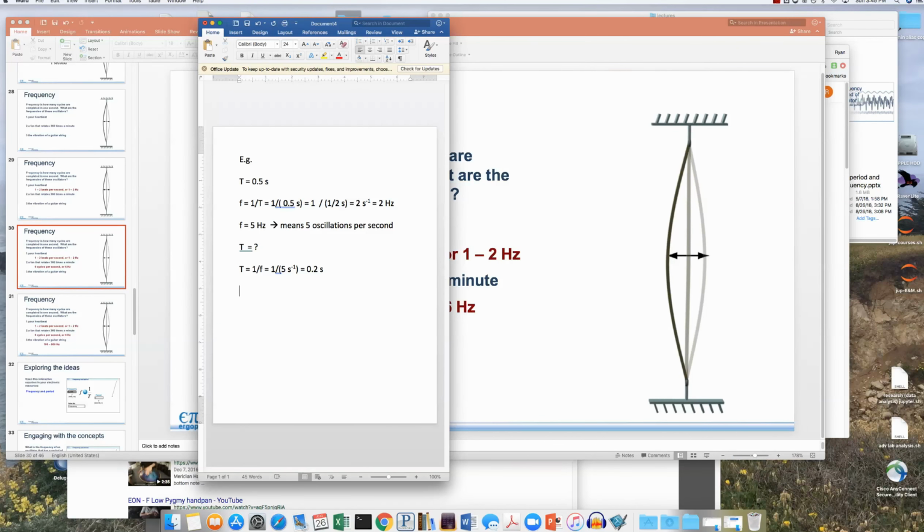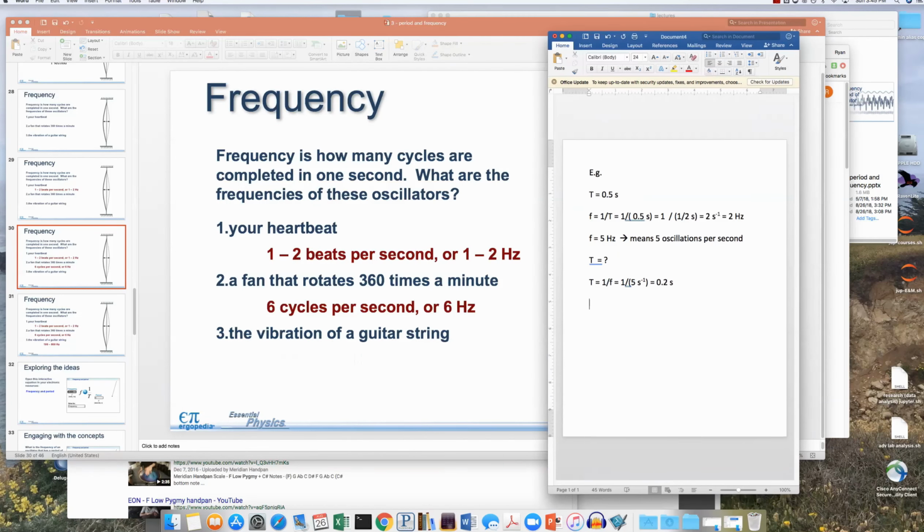Let's actually get my notepad here. So for this one, for frequency, 360 cycles, I'll just write cycles per minute, and I can multiply by 60 seconds. I'm sorry, I'll do 1 minute divided by 60 seconds.